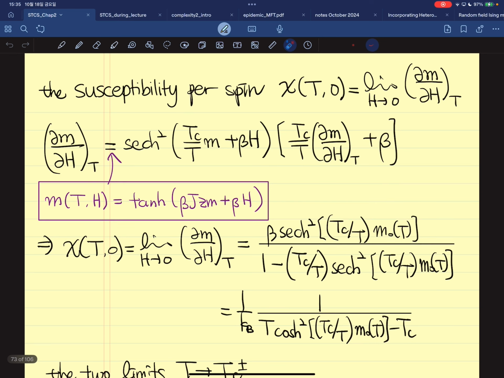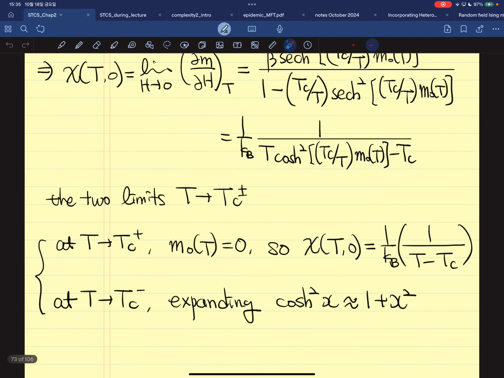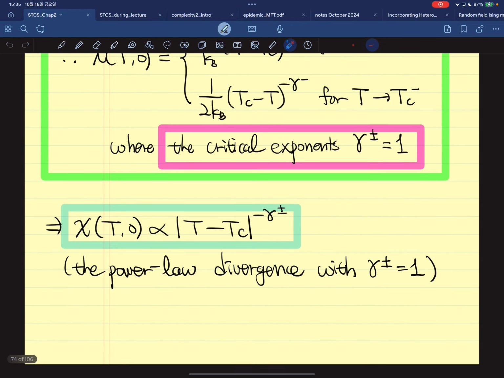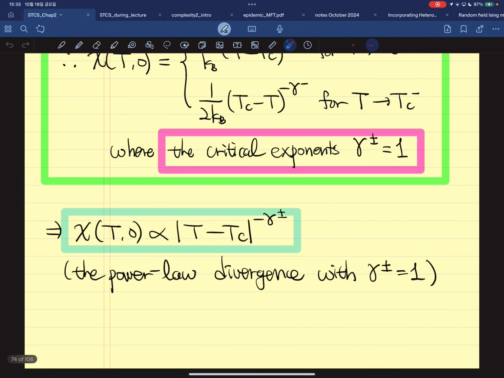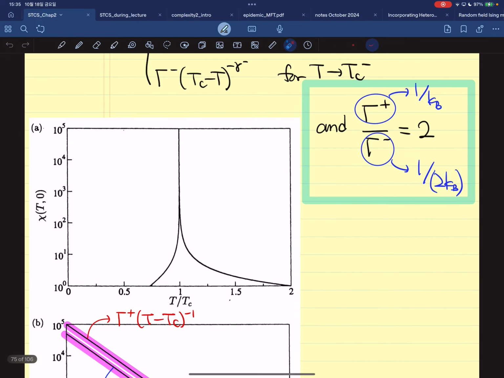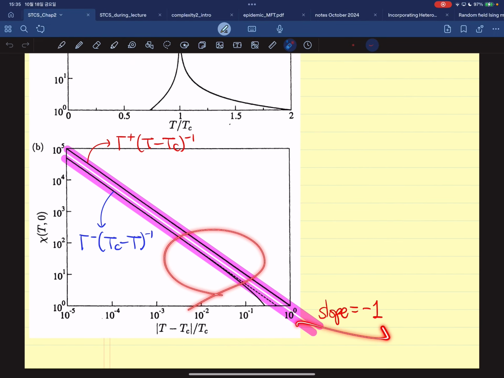So by this quite non-trivial calculation and using the Taylor series expansion, we can have this power law behavior again, with this exponent 1 here. We can compare this one and the amplitude, etc., and we can recover this minus 1 slope here as well.